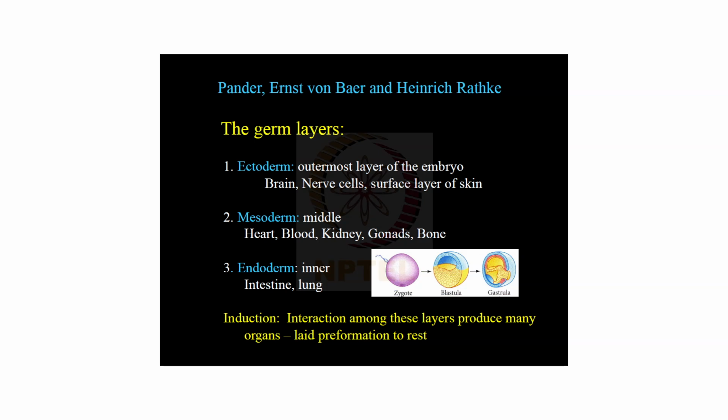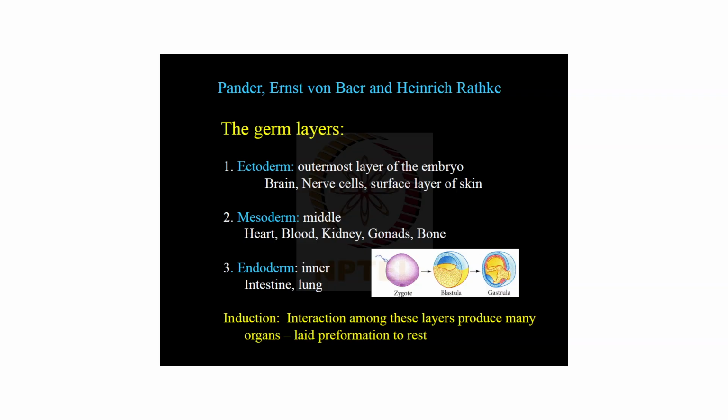The induction for these things, which layer will form what and which part of which layer will form what, again comes from induction. These are all internal cues, internal signals that tell you have to form this, you have to form this, and you have to form this. So it is all stored inside that single cell, which further divides to form a multicellular organism.